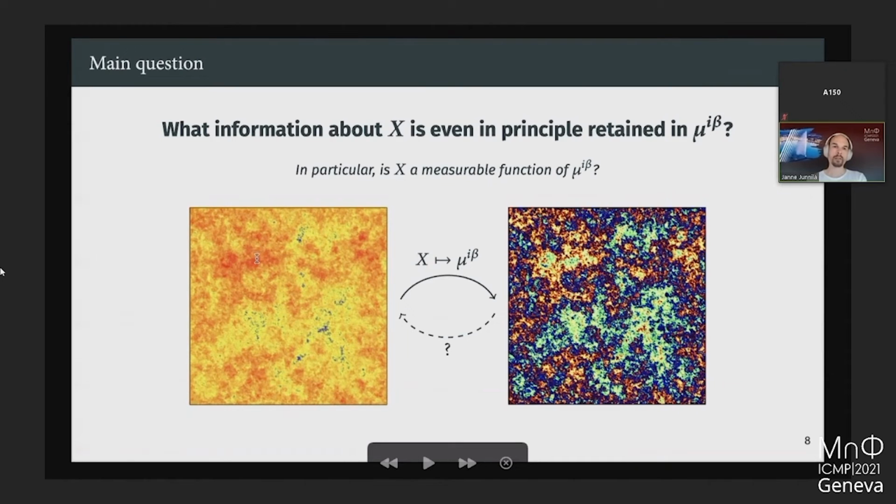The blue points are the points where it has a lower value, and the red points are where it has a high value. Of course, this is again just some approximation because you cannot really draw pictures of the field. And then you take the imaginary chaos, and you get this image on the right-hand side. And now you ask, can you actually somehow look at the right-hand side picture and go back to the left-hand side picture in some way?